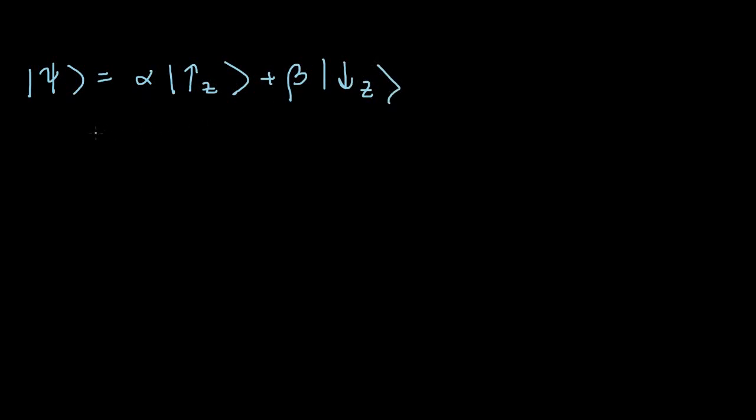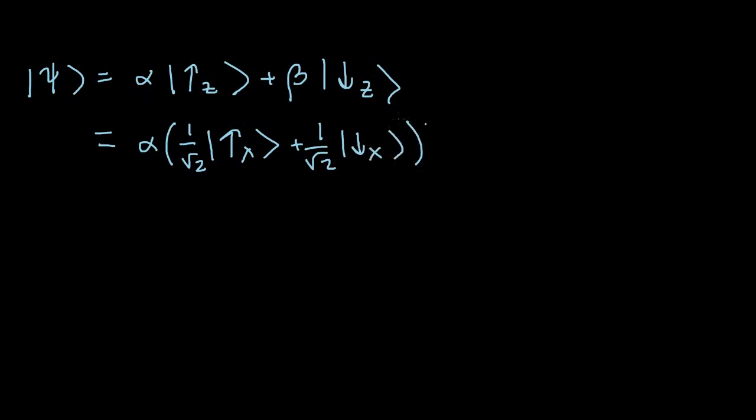Anyway, let's get back to the expectation value. So if you have a state psi, which is alpha times the spin up state in the z direction plus beta times the spin down state in the z direction, then as we just saw, we can write this as follows: alpha times 1 over root 2 times the spin up state in the x direction plus 1 over root 2 times the spin down state in the x direction.